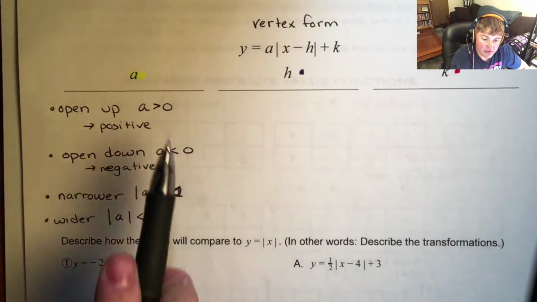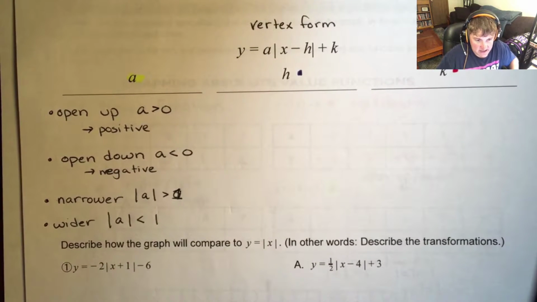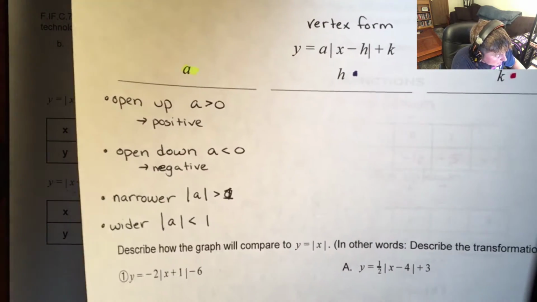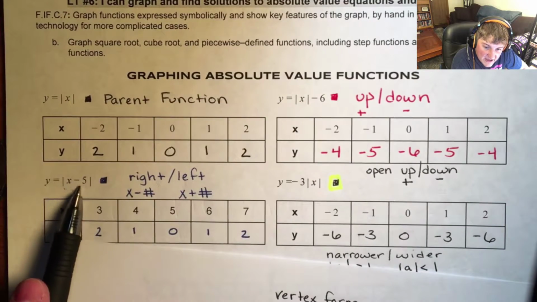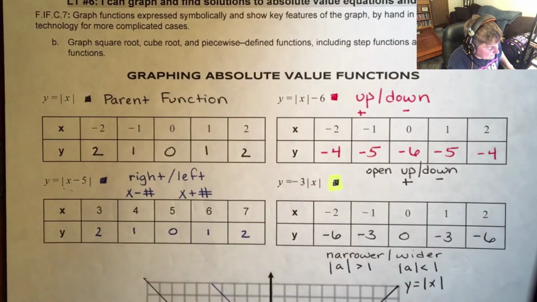So there are a few different things that the a value does, but it gives you a really good idea of what's happening. So let's move on to h. h is the value that's going to be inside of the absolute value symbol. We know that this is going to move it right and left.